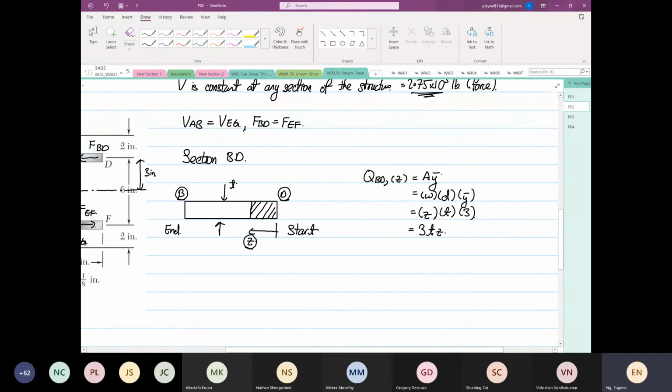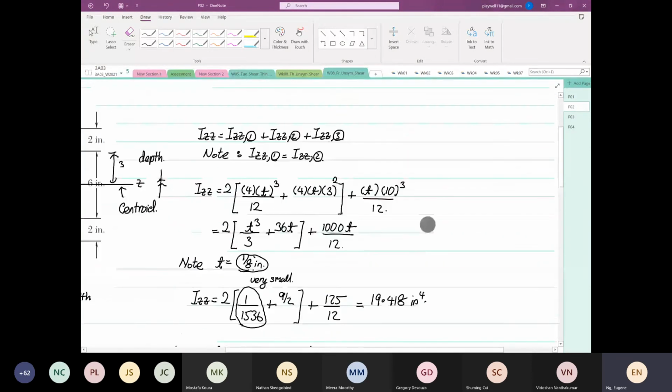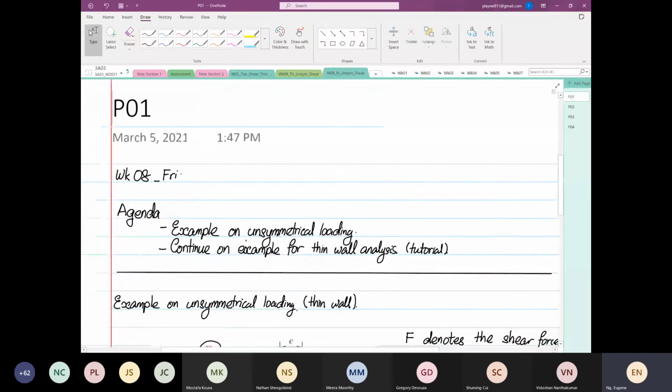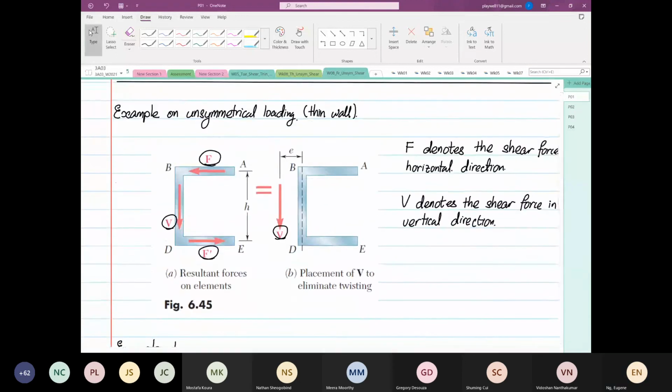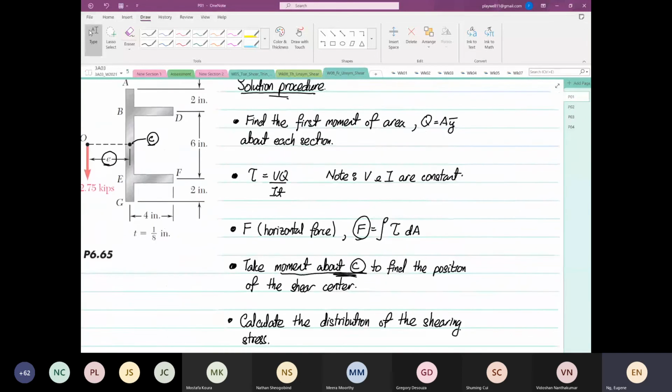The next stage, if we look at the solution procedure in the previous page, is to substitute into this equation.